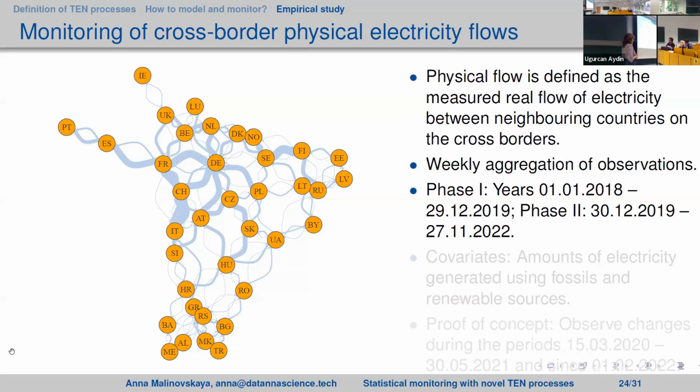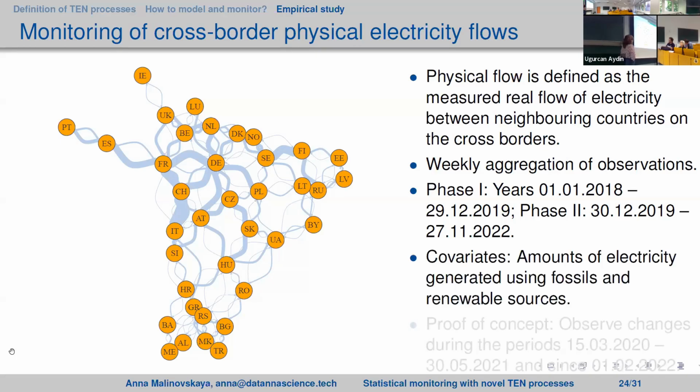and so on. And as covariates, it was difficult to select something, just because you have to understand the actual process better, but we just took the amount of electricity produced with fossils versus renewables.